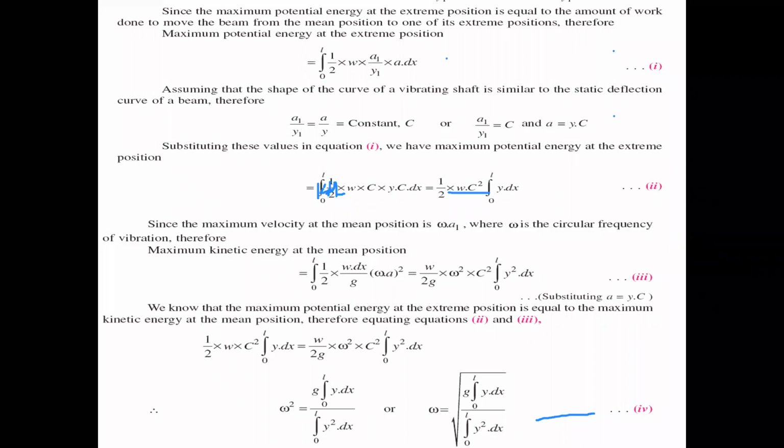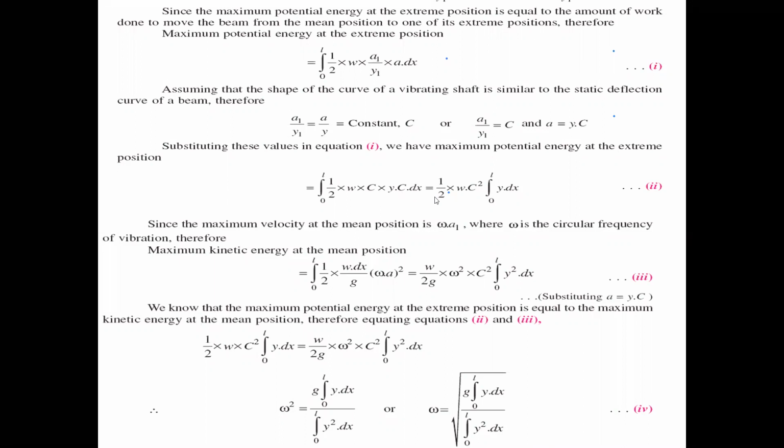Now A equals YC is substituted in our equation number 1. Therefore the equation is integral of 0 to L, 1 by 2 into WC into YC dx. So W A1 by Y1 is C and A equals YC, both are substituted in this.